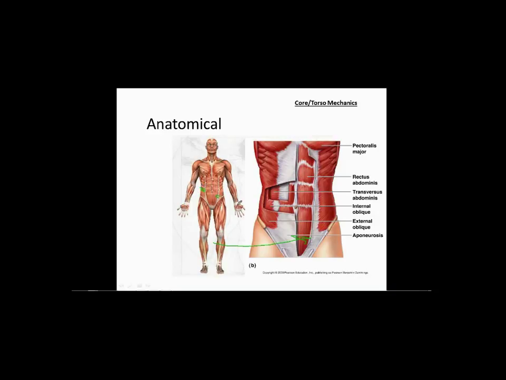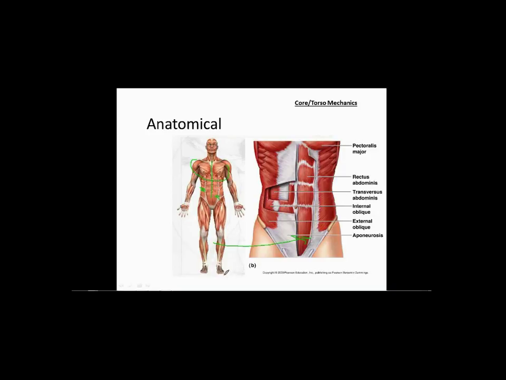But let's talk specifically about the inner oblique and the outer oblique concepts here. These are the muscles that are going to be most important in creating rotational movement along essentially the transverse plane, or perpendicular to the spine, or perpendicular to the orientation of the torso.